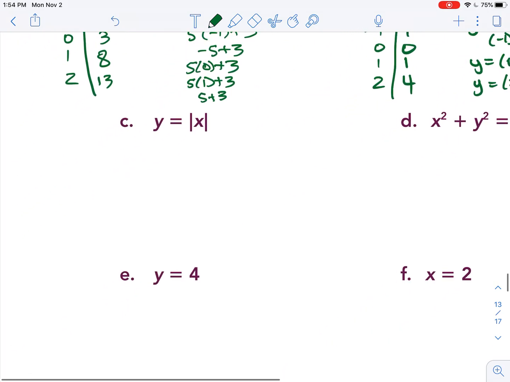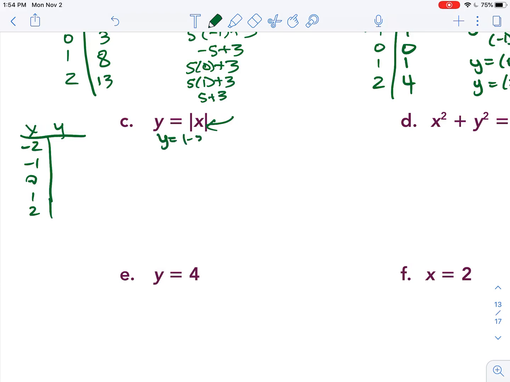Okay, here. -2, -1, 0, 1, 2. If I plugged in -2, the absolute value, remember, when you have absolute value, it makes it positive no matter what. So if I have -2, that's going to just get me 2.